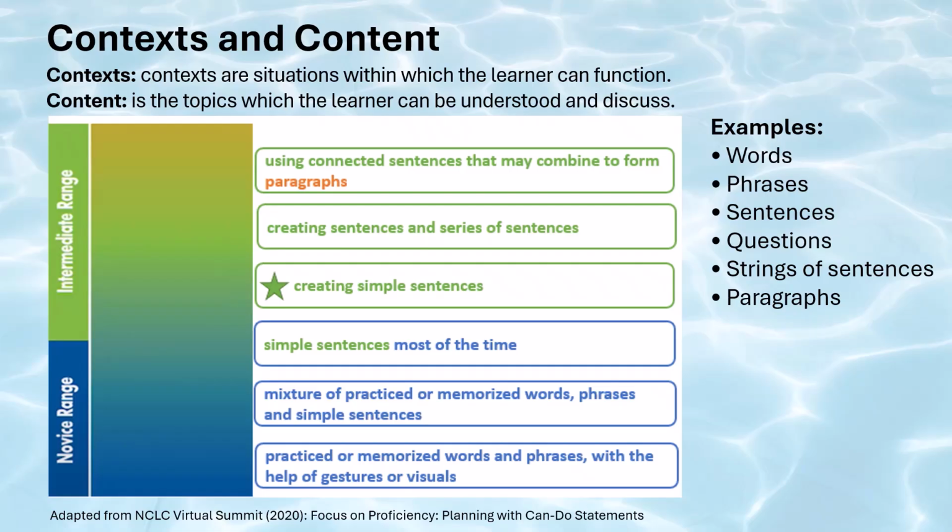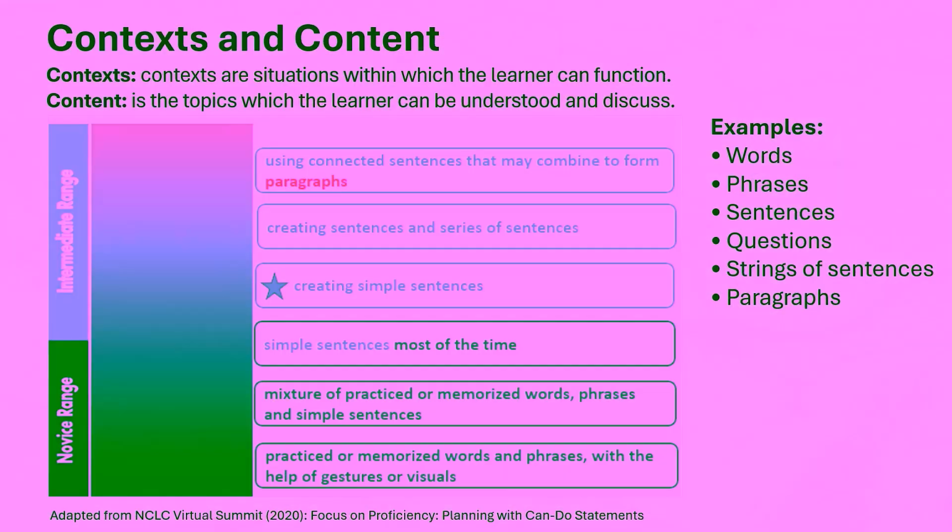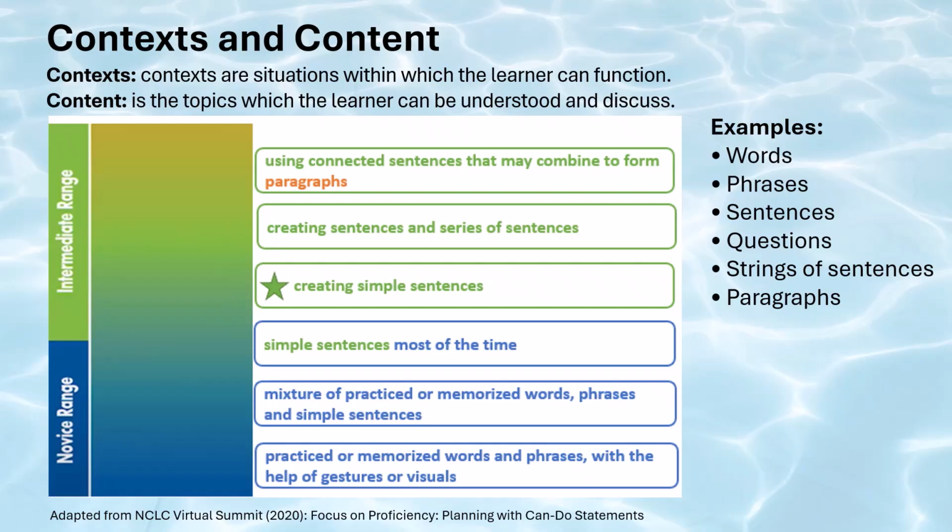Okay, and then as we move up, we see that at the beginning of the intermediate range, now students are able to create simple sentences. Okay, and then building up to the high end of intermediate, where the students are now using those connected sentences with discourse connectors, and they can combine them into paragraph level discourse.